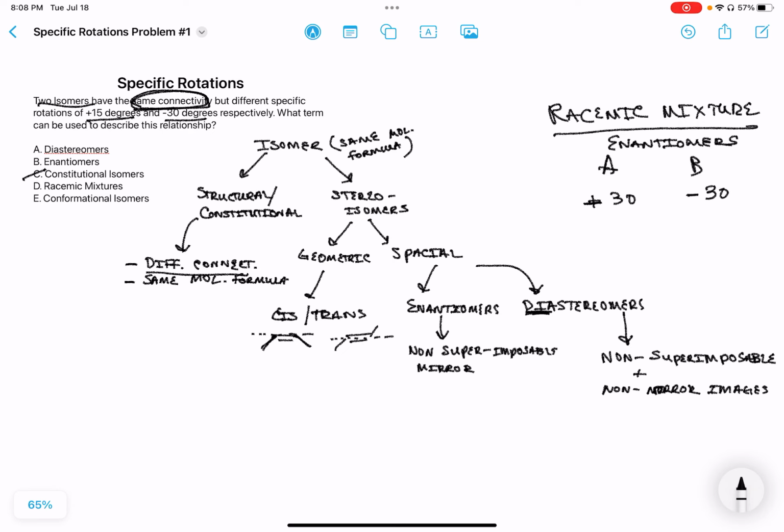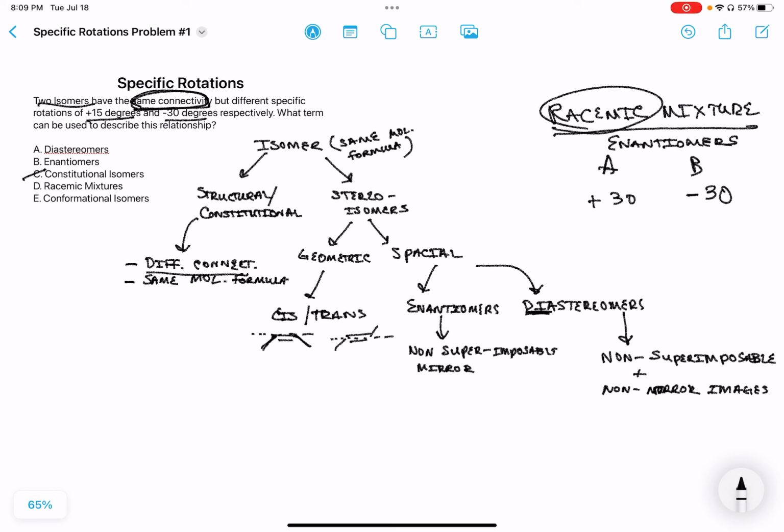What does that mean? When I put polarized light on these molecules, one enantiomer is going to rotate it in one direction with a magnitude of 30, and the other enantiomer is going to rotate it in the opposite direction with a magnitude of negative 30.